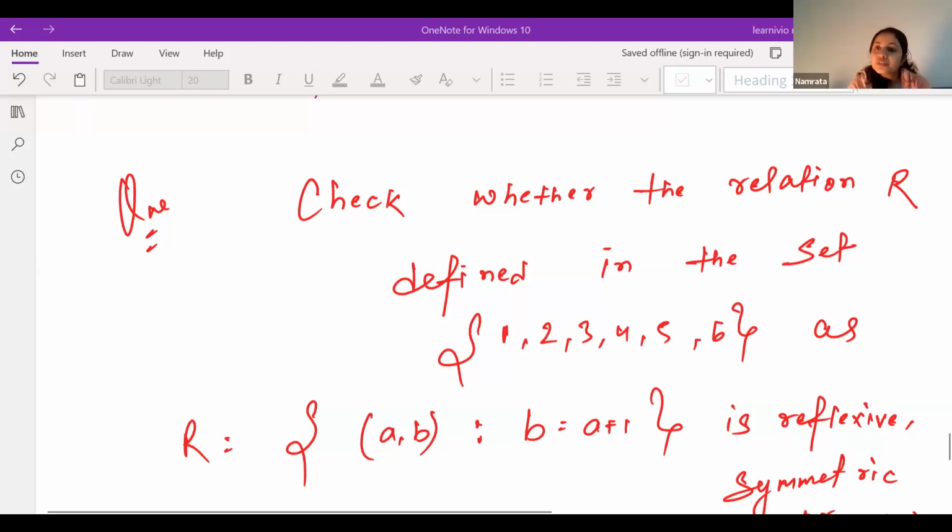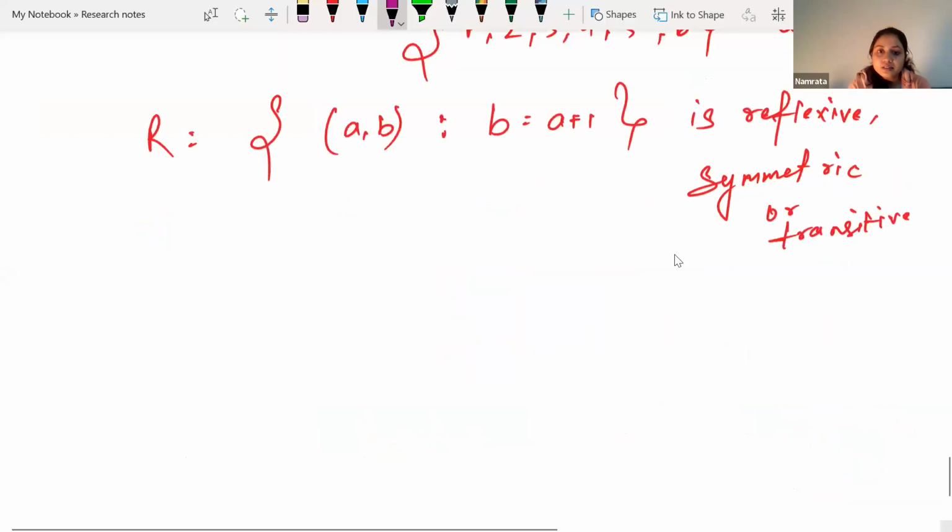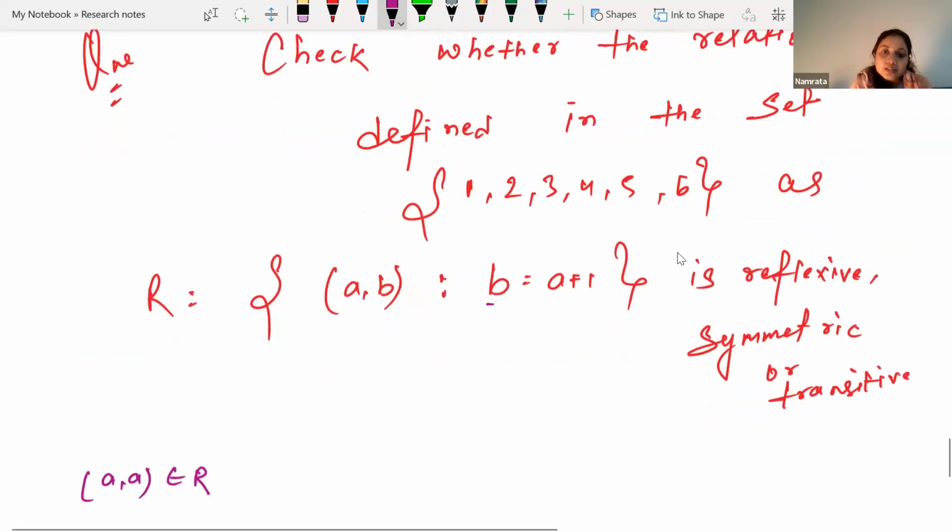The condition of reflexive says that the ordered pair (A, A) must belong to R, right? And here it's given that B is equal to A plus 1. According to the reflexive condition, A must be equal to A plus 1, which will not be true for any number: natural number, integer, real number, any number.